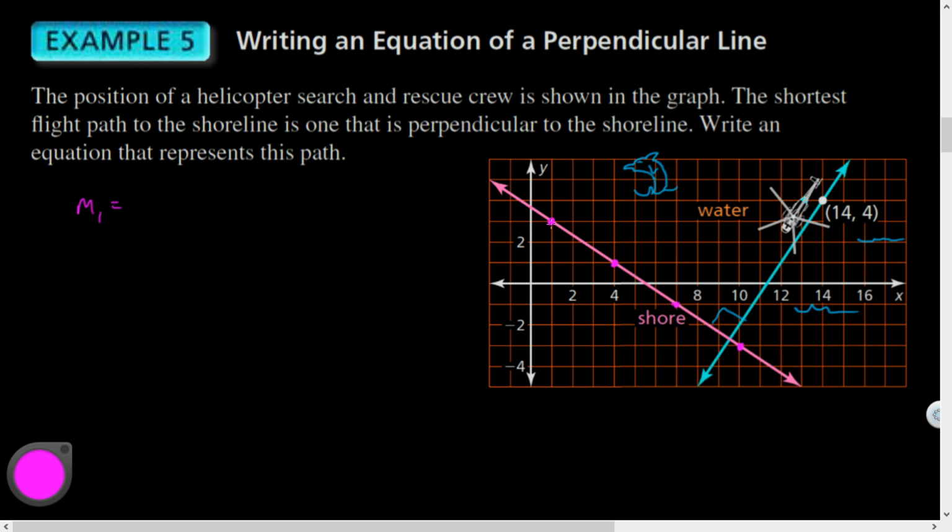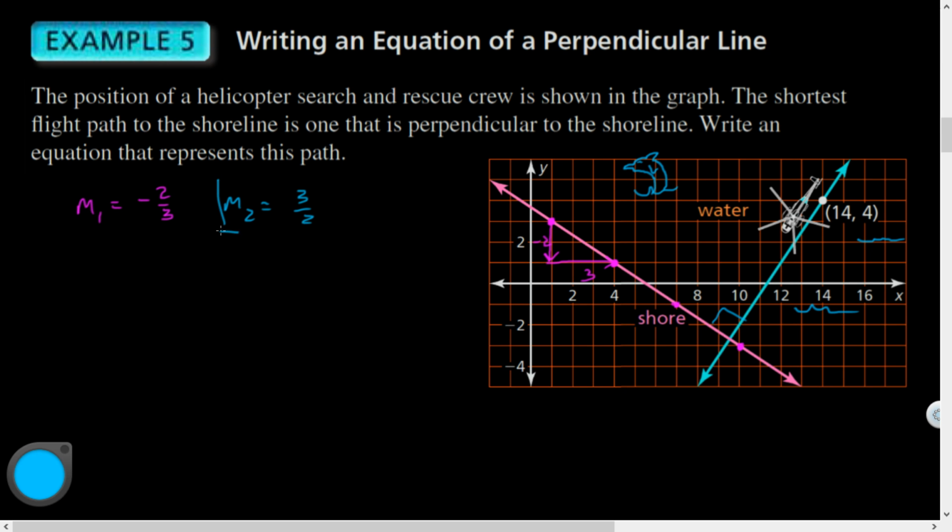What's the slope? What's the rise over run? Well, this is going down 2 and over 3. So the slope of the purple line, the shoreline, is negative 2/3. What would I expect the slope of the blue line to be? Positive 3/2.